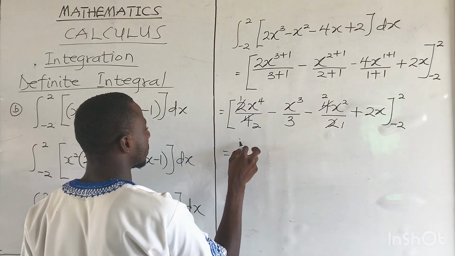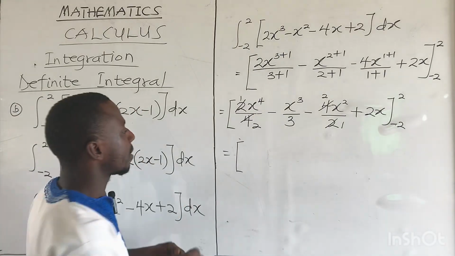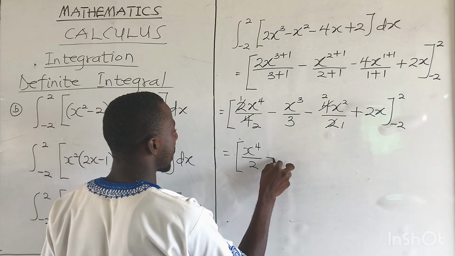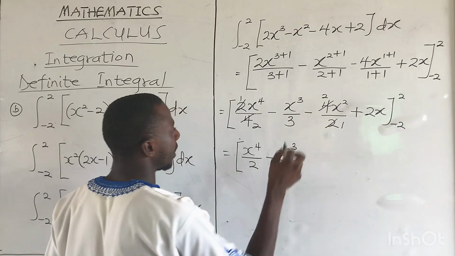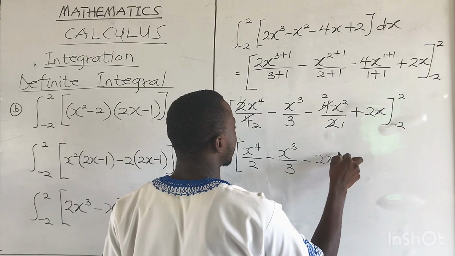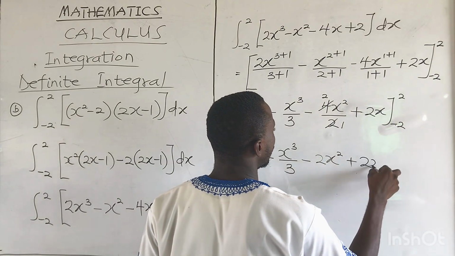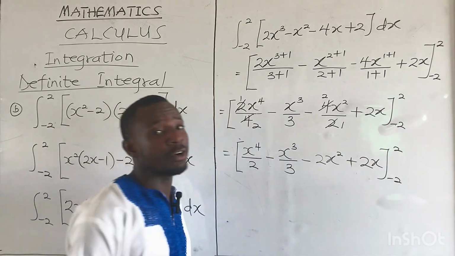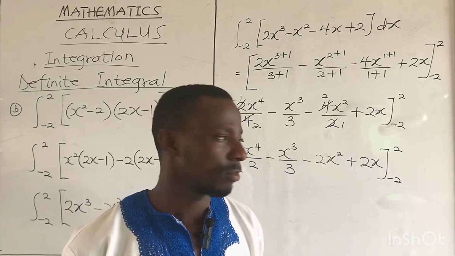In that case, we are going to get x power 4 over 2 minus x cubed over 3 minus 2x squared plus 2x, and we still have the limit from negative 2 to positive 2.